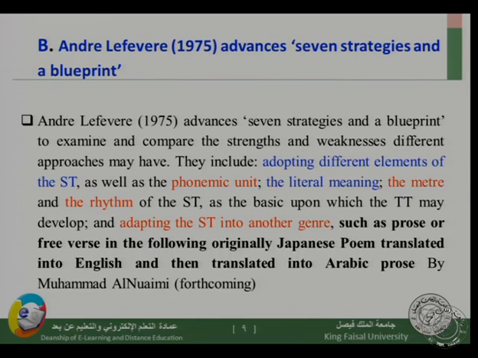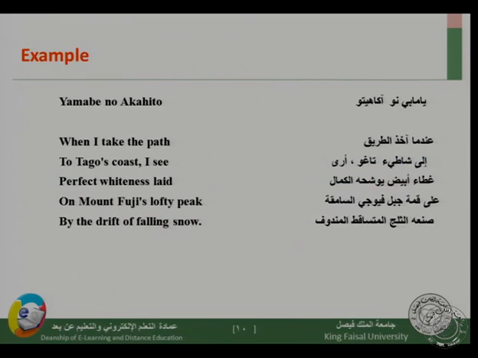Now, when you are translating English poetry into Arabic poetry, it's not easy, by the way, to transfer it into poetry. So he is suggesting that some people translate poetry into prose. Now, how to translate poetry into prose, this is a little example to show you.